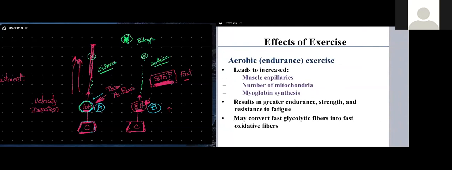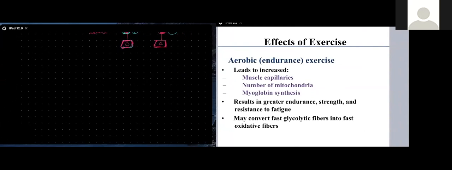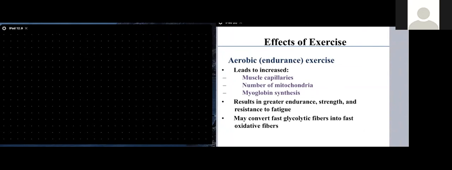Somebody asked earlier, so why, if I'm not exercising, would I be forming lactic acid when I start to exercise? So first, I have a problem with the heart and lungs.